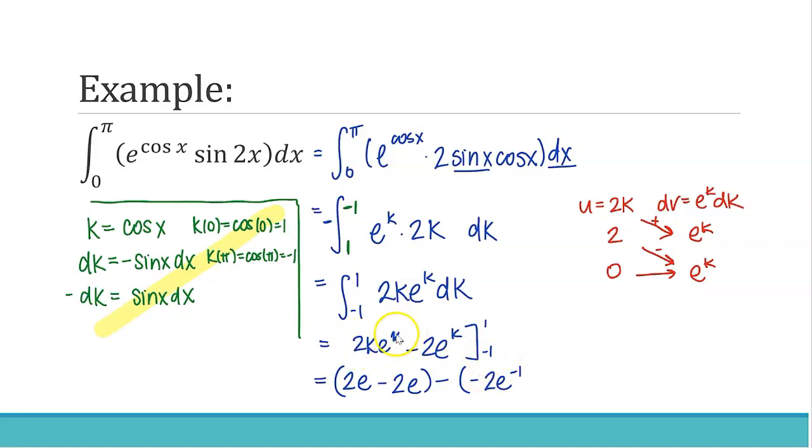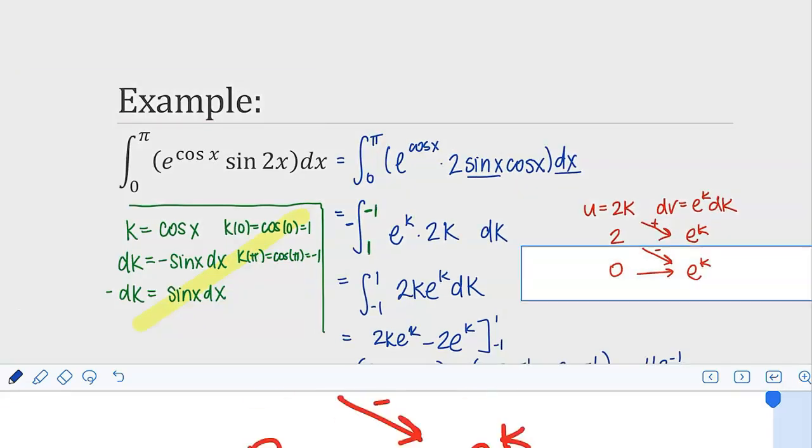That makes it negative. This k is negative. And then minus 2e to the negative 1. Just so many negatives to keep track of here. So inside here, these are like terms. And so we have negative 4e to the negative 1. So we have 4e to the negative 1, which is 4 over e.